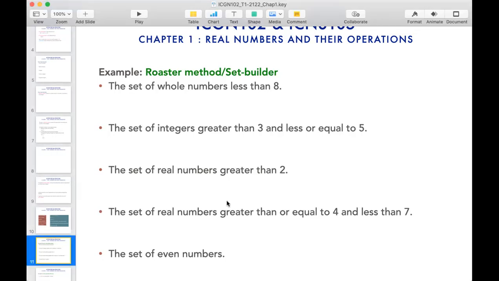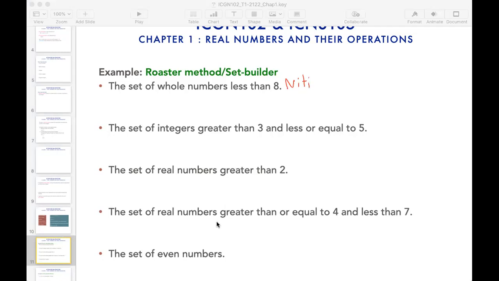For the first one, I want Niti to do that. Second one, Wantapol. Third one, Petchsuda. Fourth one, Nichanan. And the last one, Orapim. You have 4 minutes to do it. Just take your time. The rest of you please do it as well.